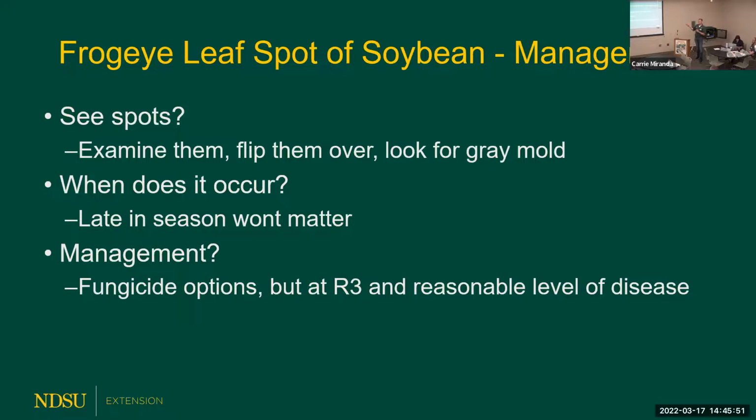Fungicide options are available. And historically, fungicides have been pretty effective, but recently there's been resistance to a class of fungicides, strobilurins, which has been a problem because strobilurins are very effective.